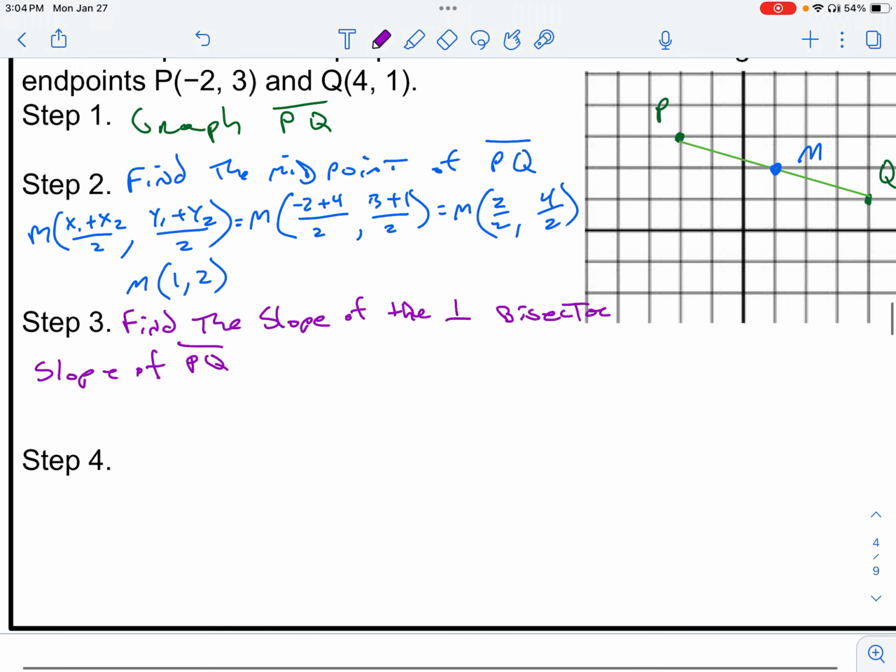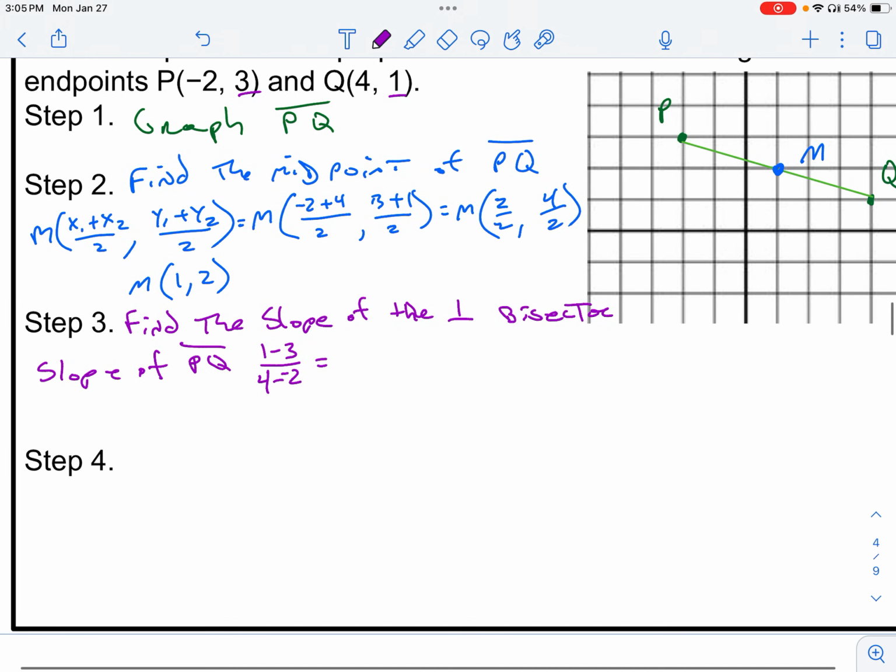So we're going to take our y's, and then we'll take our x's, so 1 minus 3 is a negative 2, 4 minus a minus 2 is 6, which reduces down to negative 1/3. So now we've got the slope of PQ.